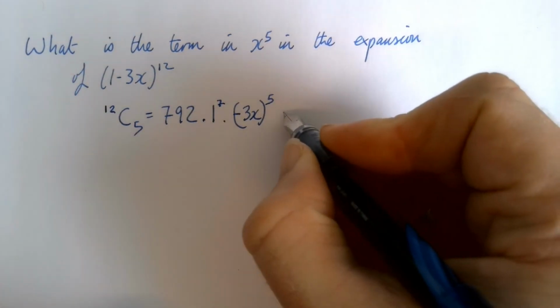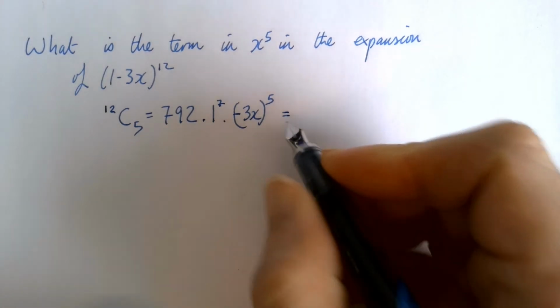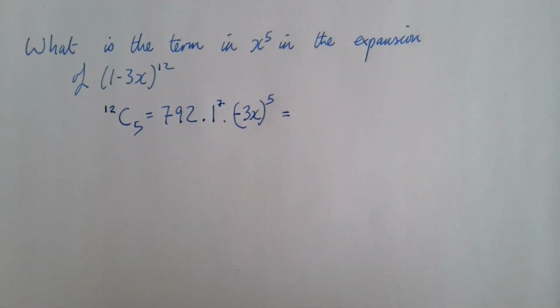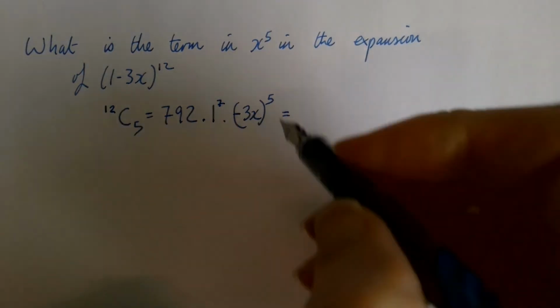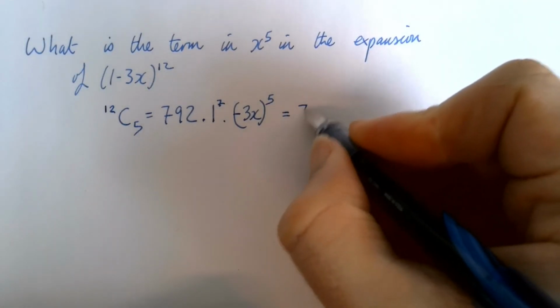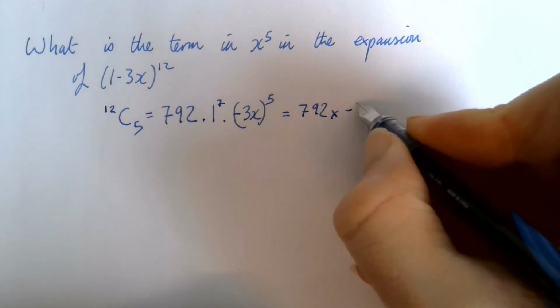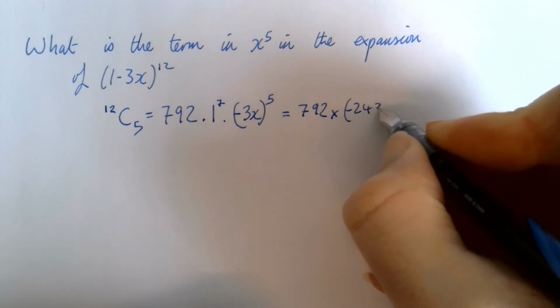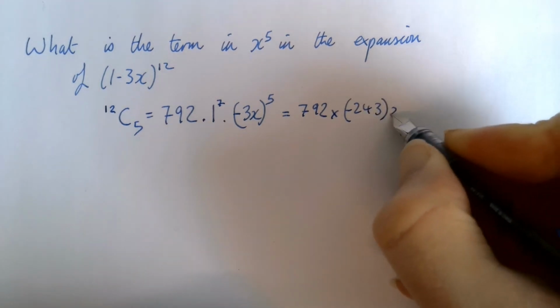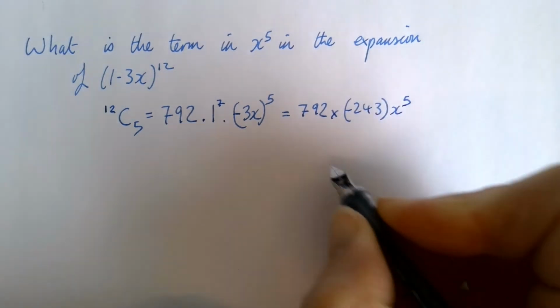So let's be really ultra careful about this and do negative 3 to the power 5, which gives me negative 243. So I'm going to say I've got 792 times negative 243, and then I've got my x to the power 5.